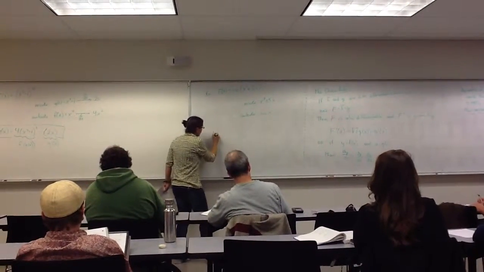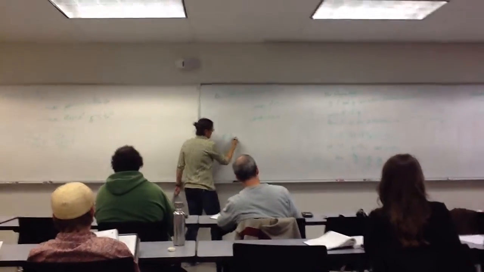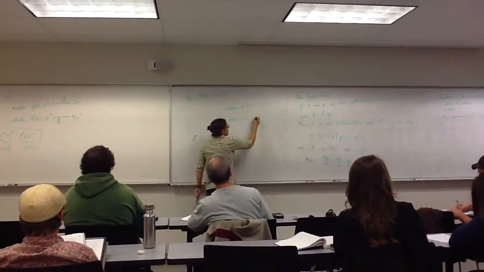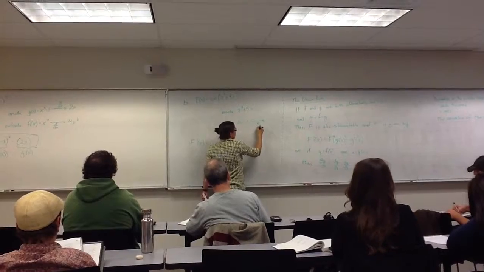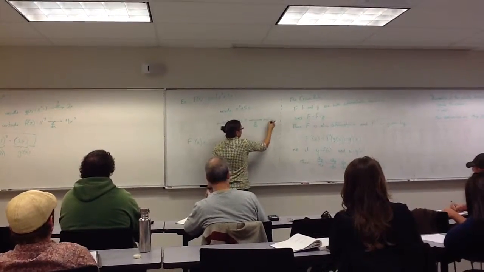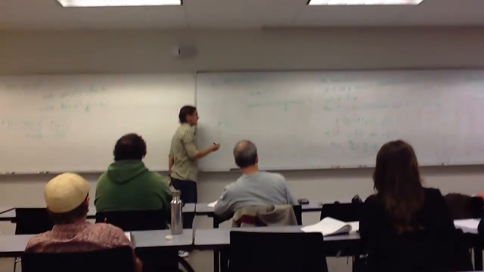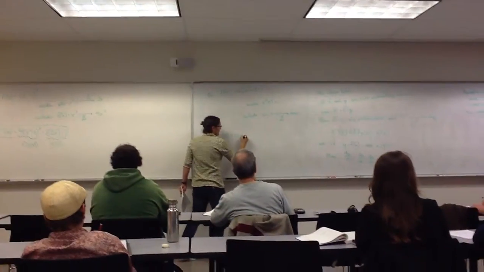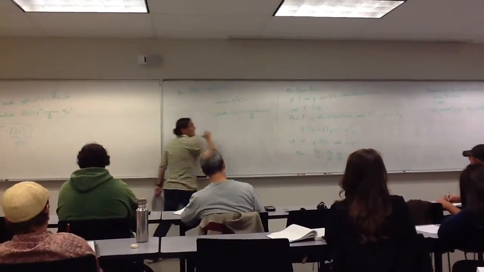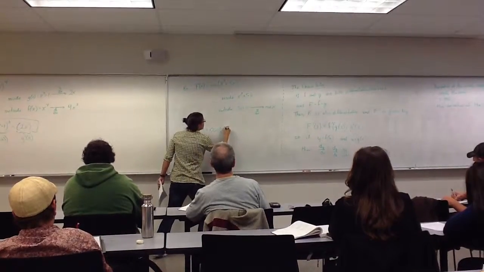In order to calculate our derivative, we're going to need the derivative of the outside, so the derivative of sine x is cosine x, keeping the inside the same. So cosine not of x, but of x cubed plus 5x.